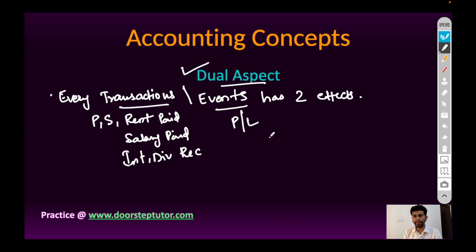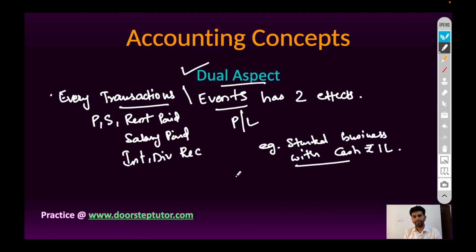Let's take an example. A businessman started business with cash of rupees 1 lakh. In this example, the journal entry will be cash account debit to capital account.